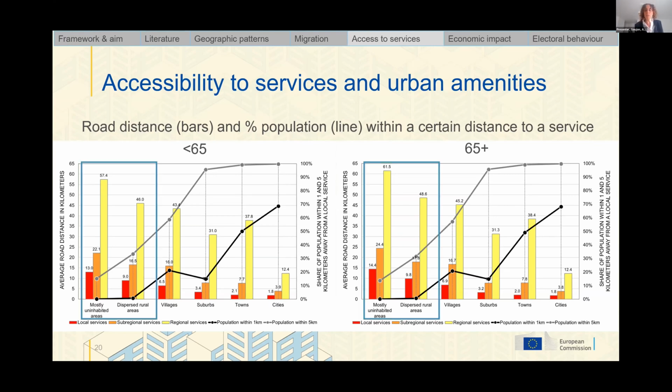But the biggest difference is for the elderly, who experience slightly more distance to services, that are living in mostly inhabited areas and dispersed rural areas where the resident population is sparsely distributed, which could be problematic, especially for the elderly.